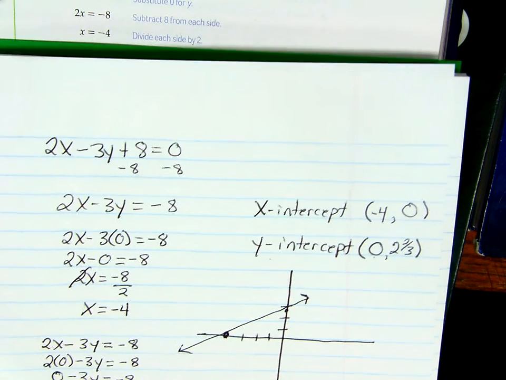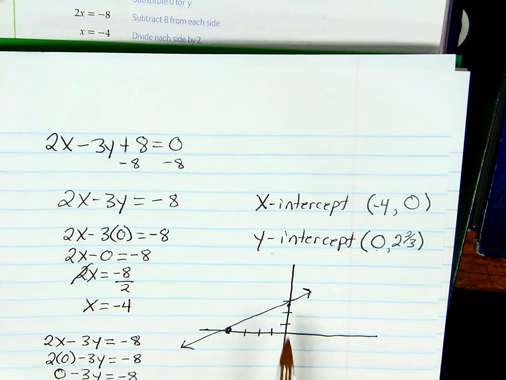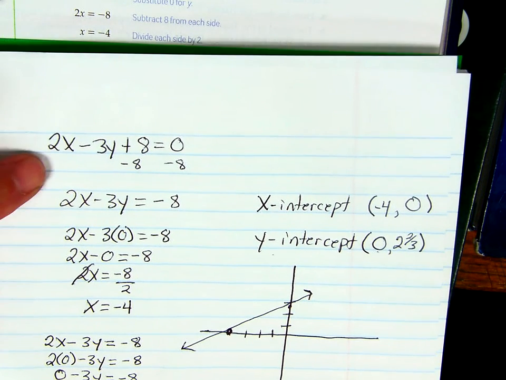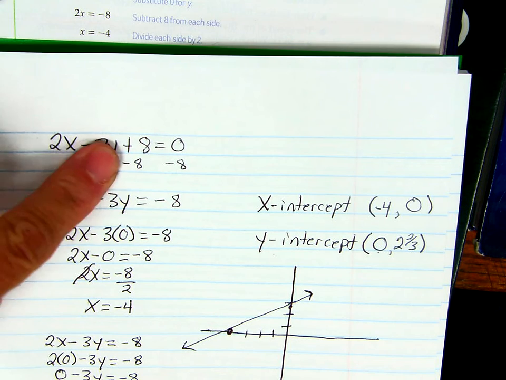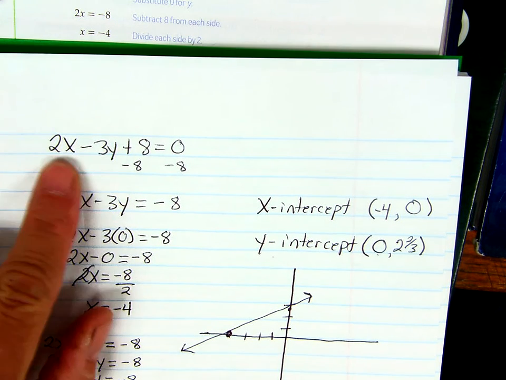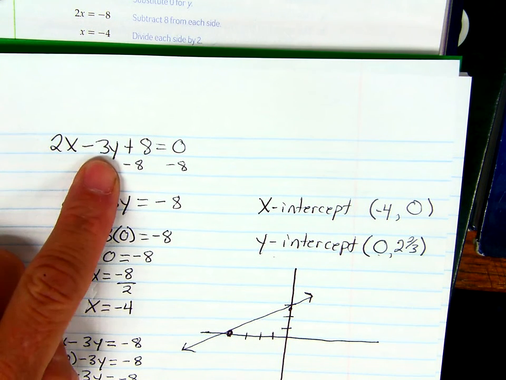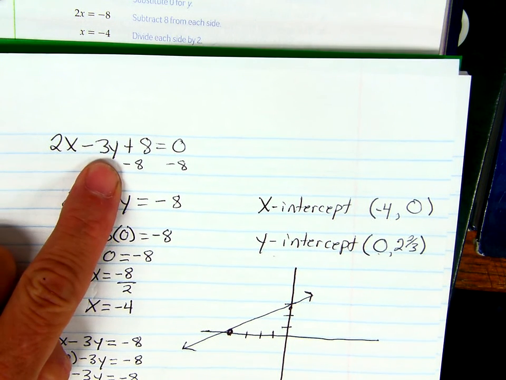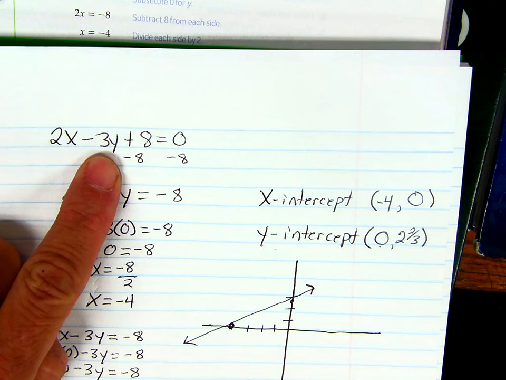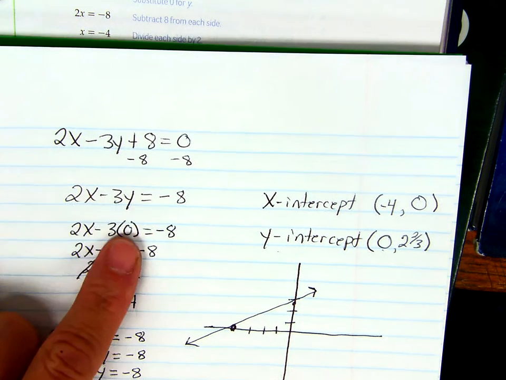So if we go back and talk about how we got to here. First thing that we had to do is make sure that in our equation, the x and the y, and only the x and the y, were on one side of the equal sign. So we had to move that 8 to the other side.